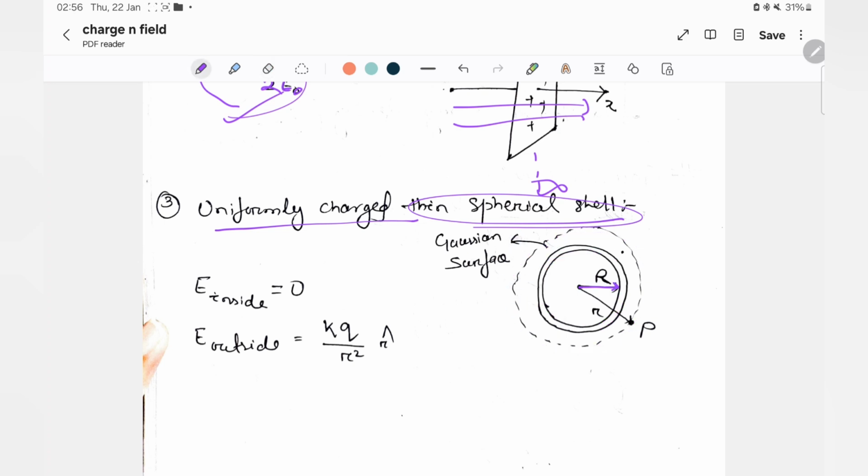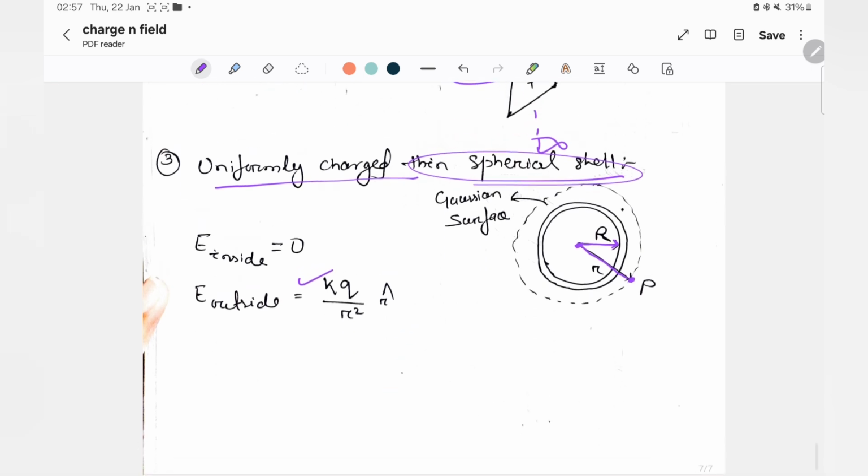We have a point here on the Gaussian surface, and we need to find the electric field inside the spherical shell. The electric field inside the spherical shell is 0, and outside it is kq by r square, where r is the distance from the center of the spherical shell to the point where we need to find the electric field.